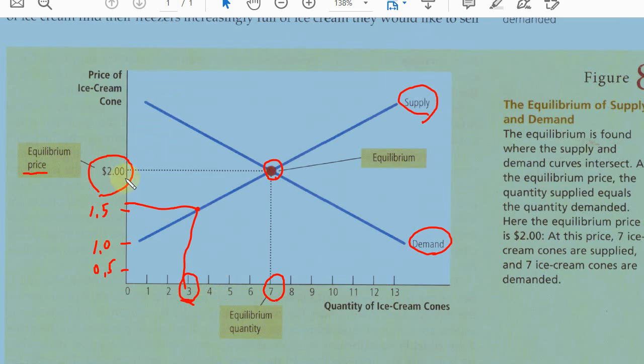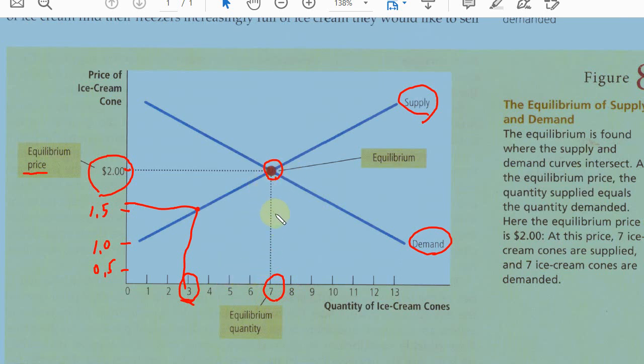And as time goes on, once the price is $2, the supplier will increase the number of ice creams up to 7, because as the price goes up, the supplier makes more profit.